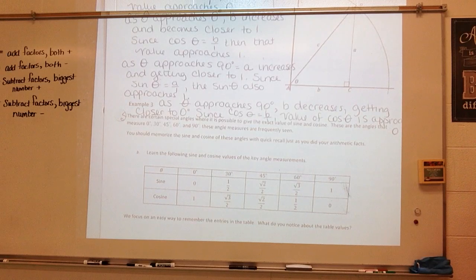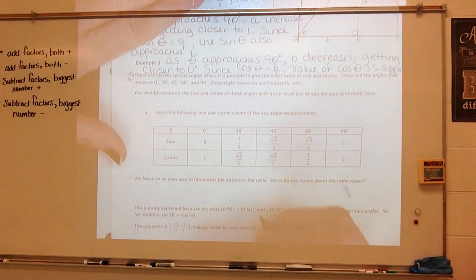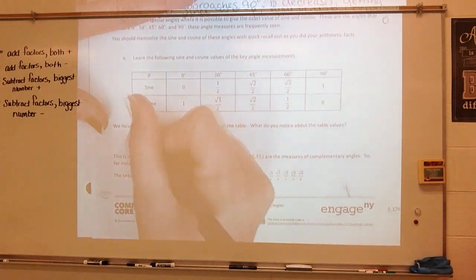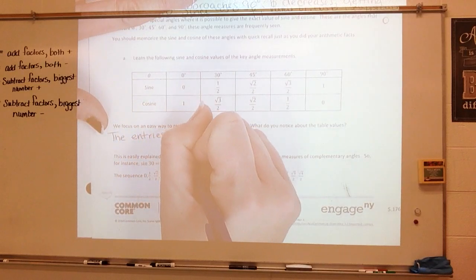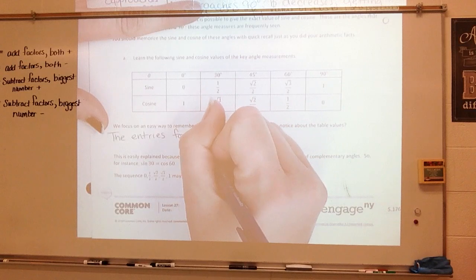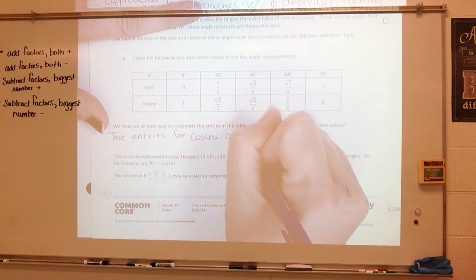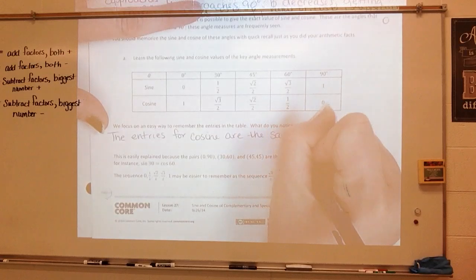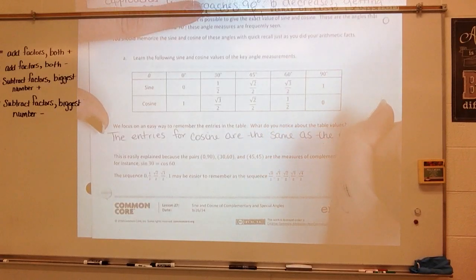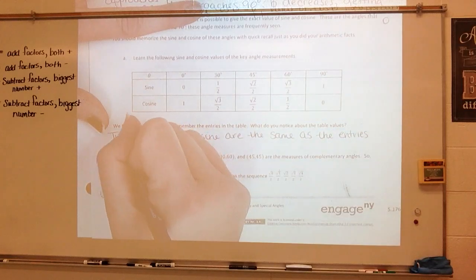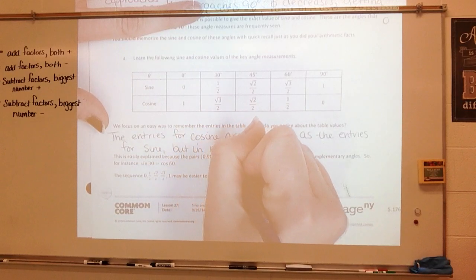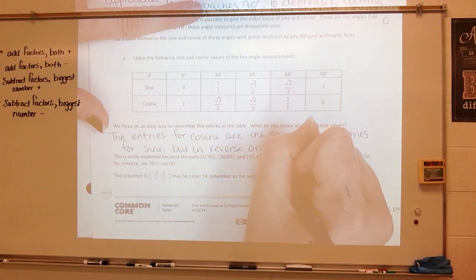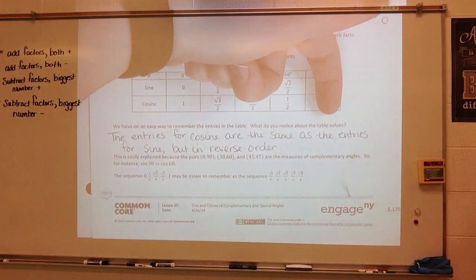Hopefully you notice that the entries for cosine are the same as the entries for sine, but they are in reverse order. So 0, 1/2, look, they just go backwards.